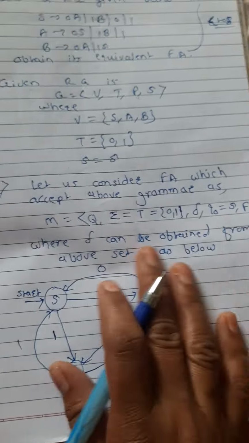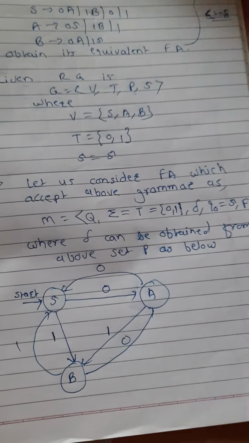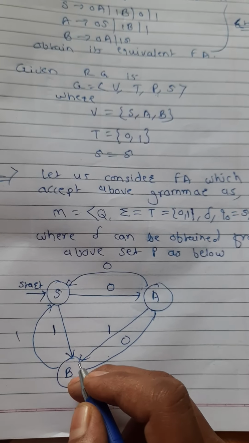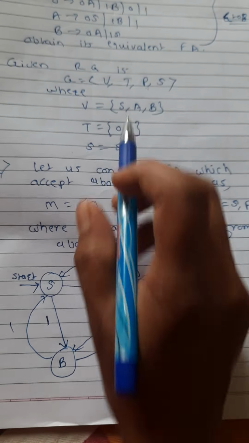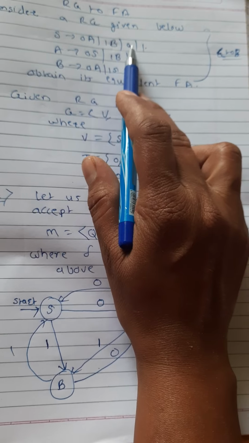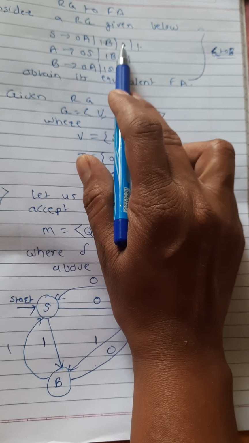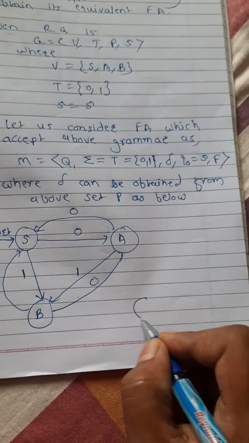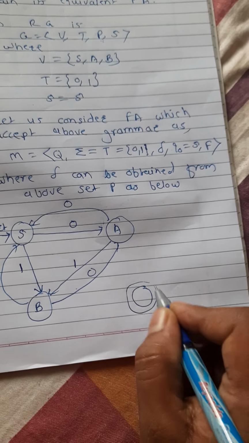After this, now we have to add the transition for such production rules. For a production rule having only a terminal symbol on the RHS, we have to add a new state. This state will become the final state.